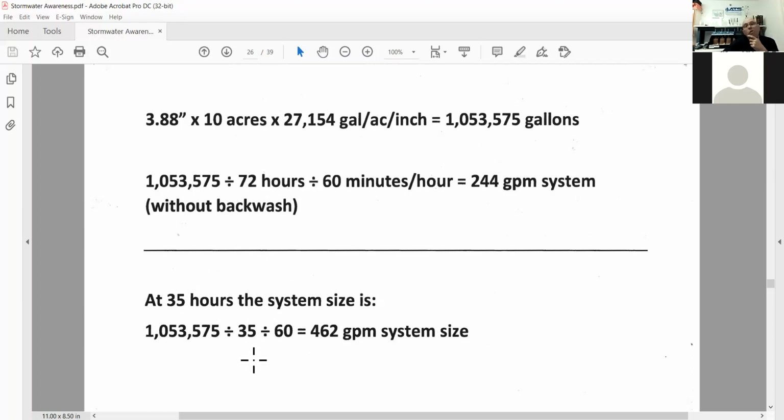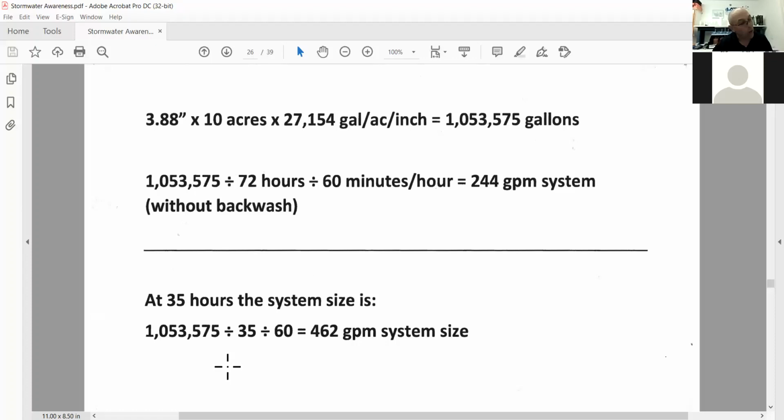When you look at 42 hours and you say 72 hours, that's about a 30-hour break if needed to replace equipment or slow the system down because it becomes overloaded. Heavier storm comes in or different construction happens, disturbing different acreage that's causing us more problems. So that will give you the time to keep up with that. So that is how a system size is calculated. And you can do this for yourself and already have an idea of what your system size needs to be. Then you can call us up and say, I need a system about like this. What's it going to cost?